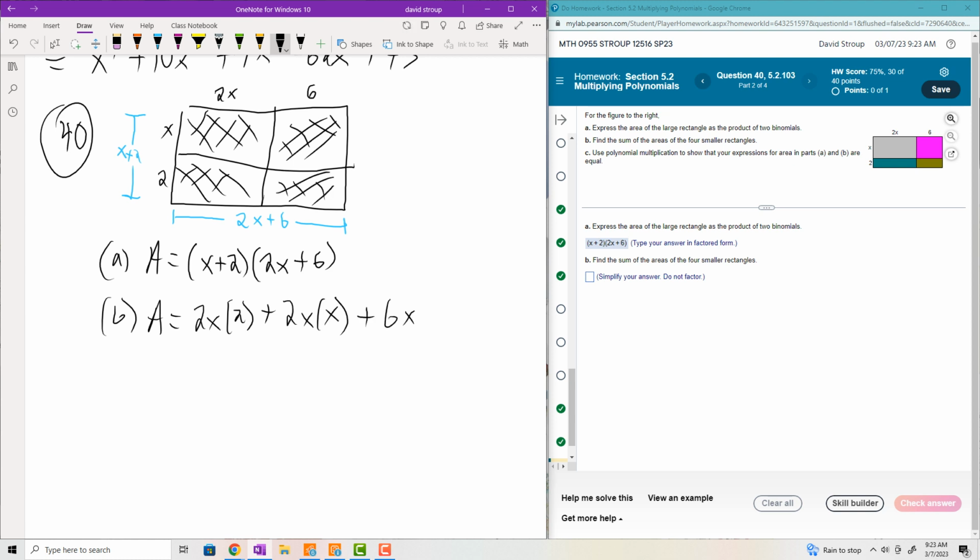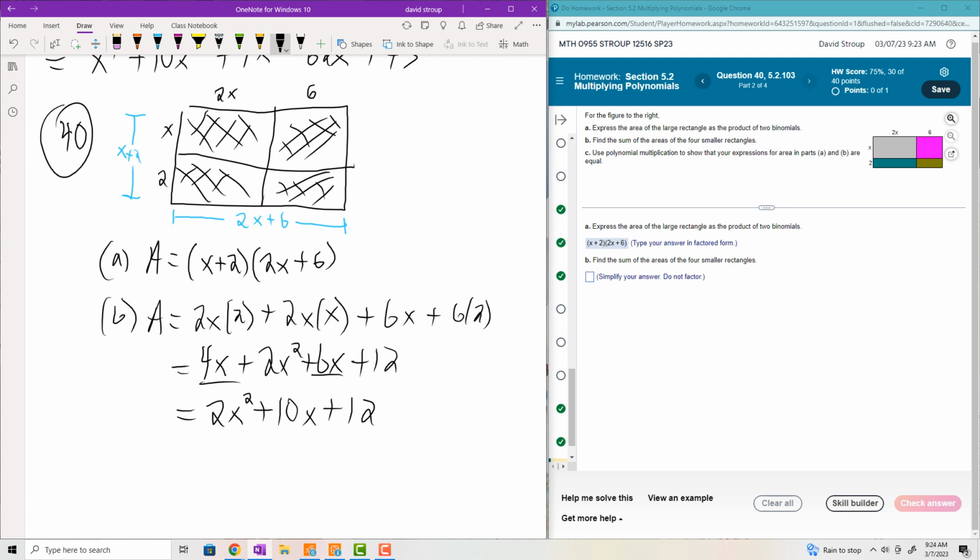And then finally, this rectangle is 6 times 2. Okay, so that would be 4x plus 2x squared plus 6x plus 12. And then combining like terms and writing the order in descending degree of exponents. So 2x squared, and then 4 plus 6 is 10x, and then plus 12 is the sum.